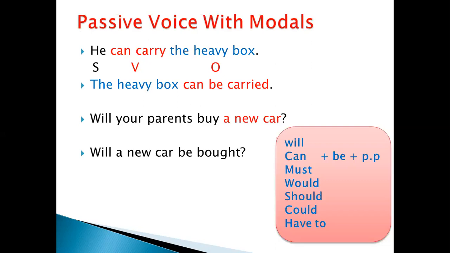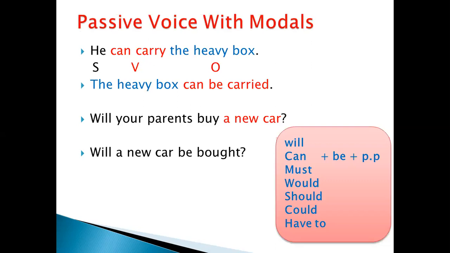What tense is it? This is a modal verb. In modal verbs, put the modal verb and add be plus past participle. Again: can be carried, will be carried, would be carried, had to be carried. Any modal verb, the modal verb plus be plus past participle.